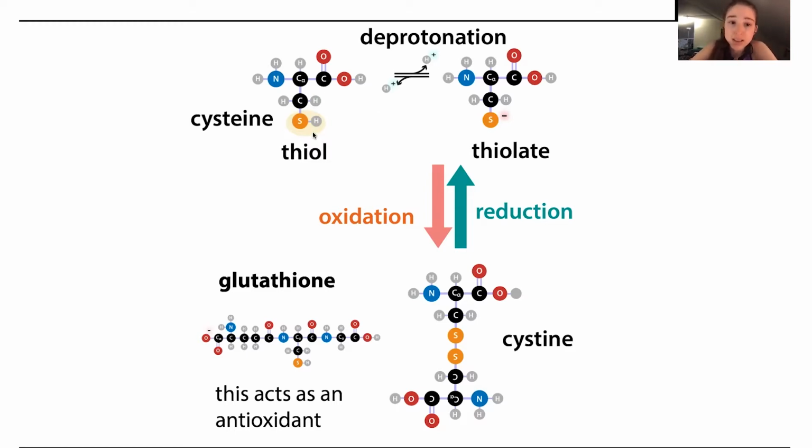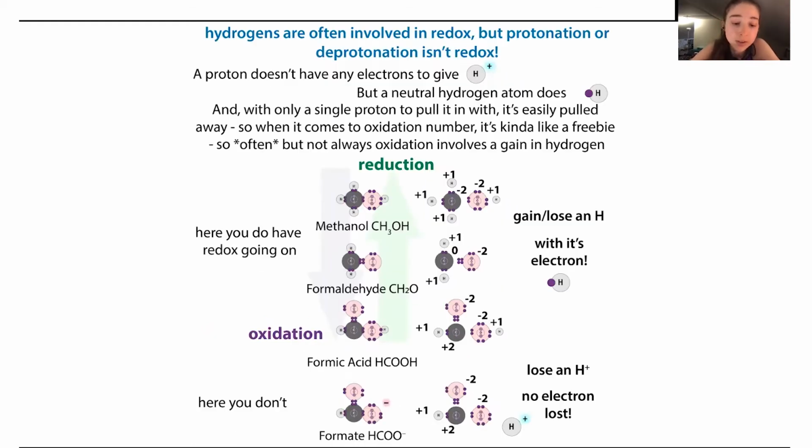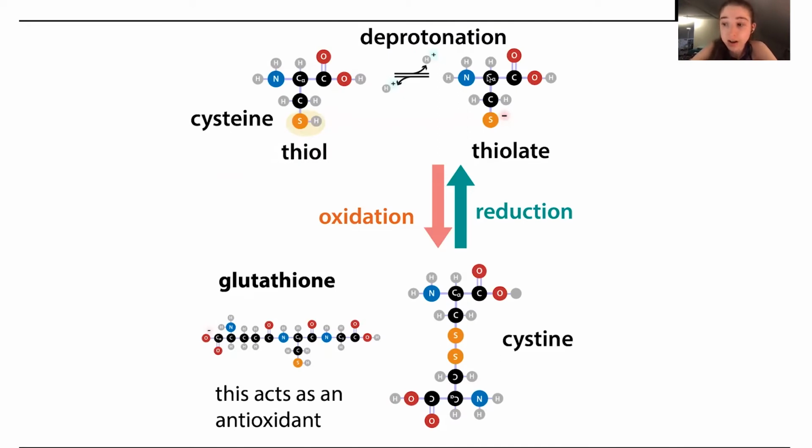If you were to split this up, the electrons would stay with the sulfur, so it has the same number of electrons. We haven't done any oxidation here. We've just removed a proton. If this confuses you, look back to the previous post that I did on redox, where I cover this in detail.